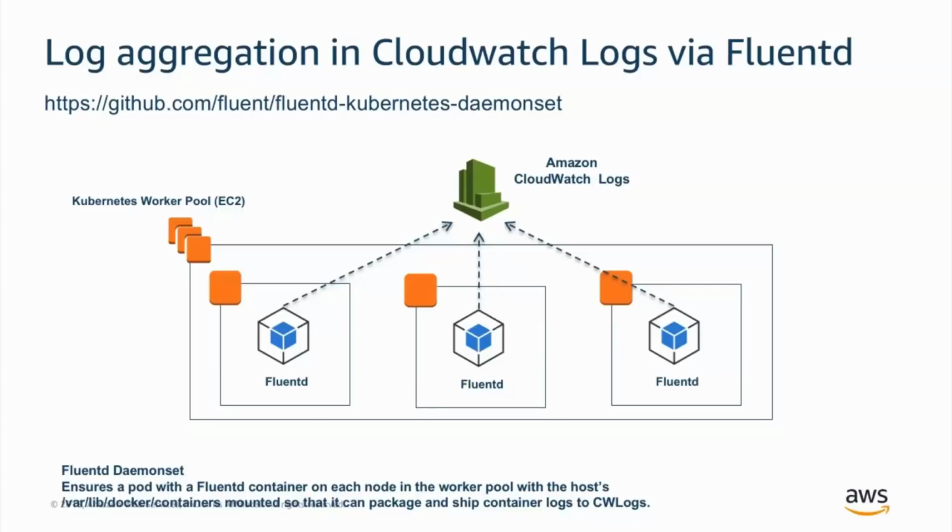What we showcase here is you run Fluentd, which makes use of the CloudWatch plugin. You run Fluentd as a daemon set on each of your worker nodes, and your containers will write all the logs to those Fluentd daemon sets. And as they start writing, they will start showing up on AWS CloudWatch Logs.